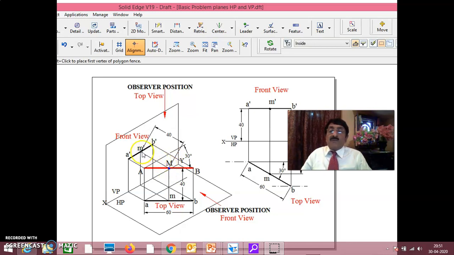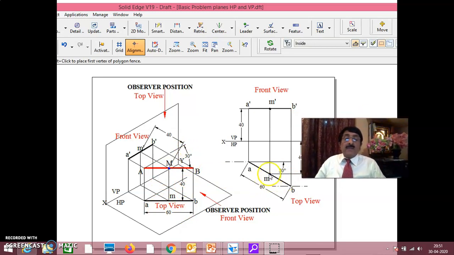Midpoint is 40 mm in front of VP, 40 mm above HP, the line measures 60 mm and is inclined at 30 degrees to VP. That's what I have written here. The line is parallel to HP, so you have a locus here and a locus here.